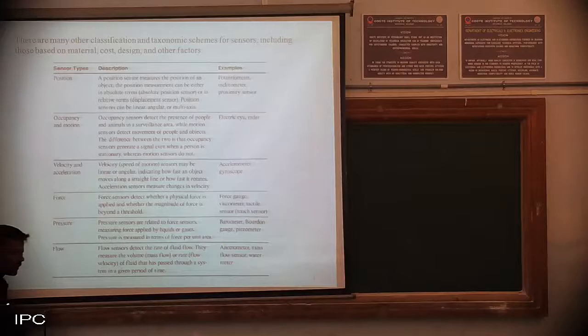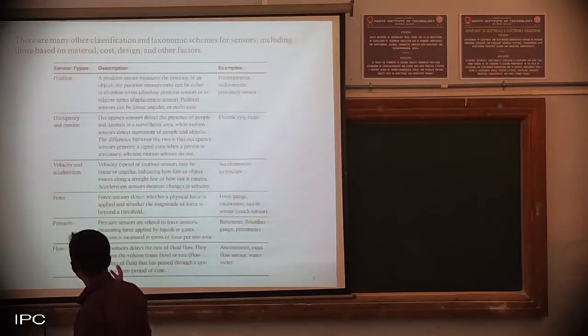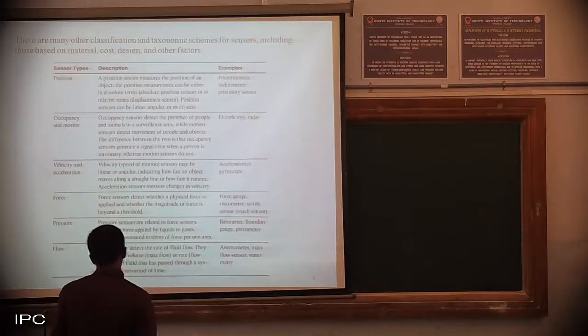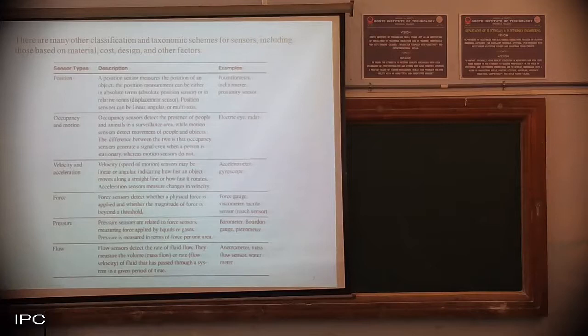Basically force is the measurement, and these are the different types depending on what we are going to measure. And then pressure can be measured by the barometer, the Bourdon gauge and the piezometer. These three can be used to measure pressure. Those are the best examples of pressure sensors.